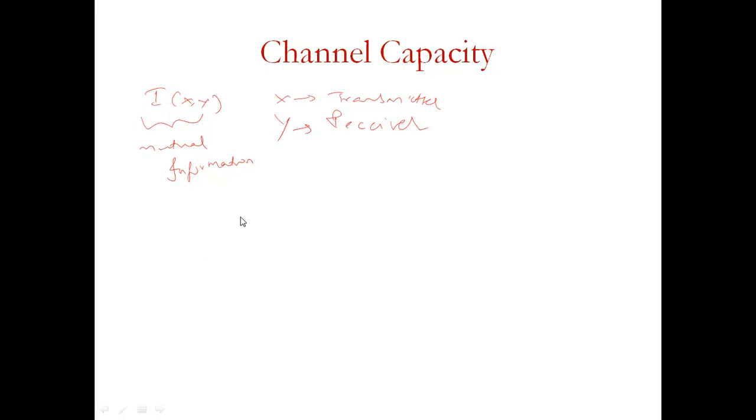Channel capacity is defined as CS, which is the maximum over the probability P of x of I of x comma y, or equivalently the maximum over P of y of I of y given x.